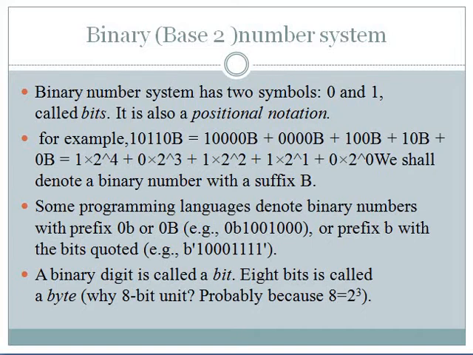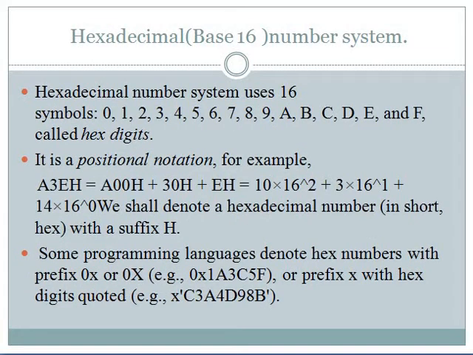Now we will go to the hexadecimal or base 16 number system. The hexadecimal number system uses 16 symbols from 0 to F, that is 0, 1, 2, 3, 4, 5, 6, 7, 8, 9. A represents 10, B represents 11, C represents 12, D represents 13, E represents 14 and F represents 15.